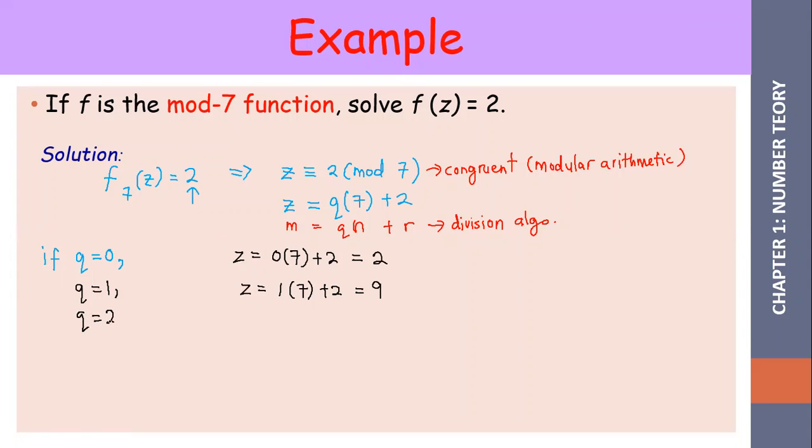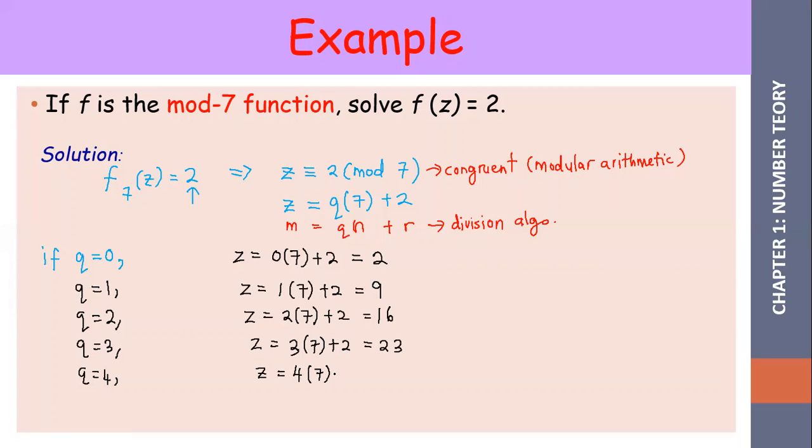When q is 2, z equal to 2 times 7 plus 2 equal to 16. When q is equal to 3, z equal to 3 times 7 plus 2 equal to 23. If q is equal to 4, then z equal to 4 times 7 plus 2, which is 30.